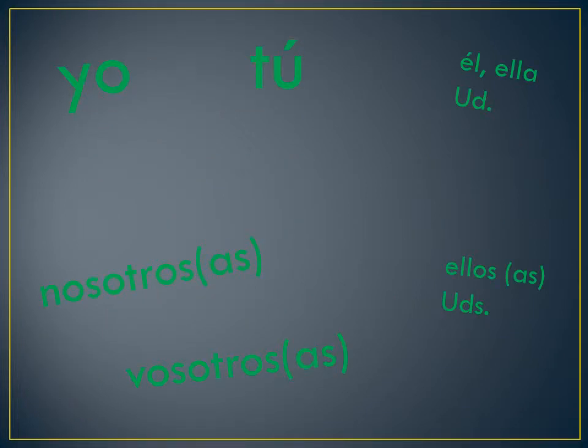Alrighty, let's put those endings on an AR infinitive, hablar. First thing we do, we go back to the present indicative yo form, hablo. Let's drop that O, and here's the endings.